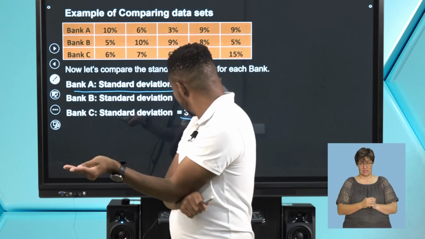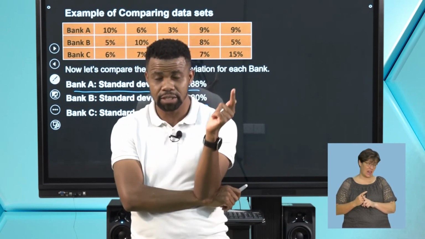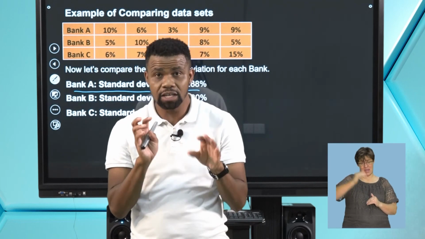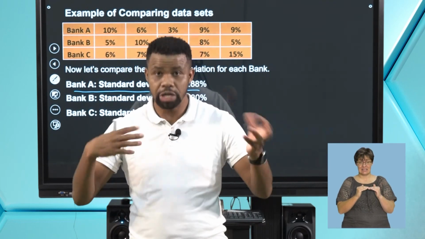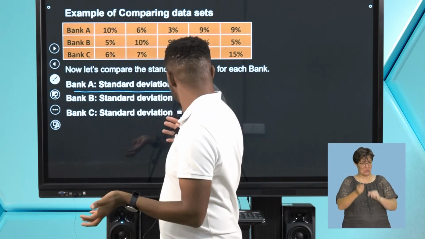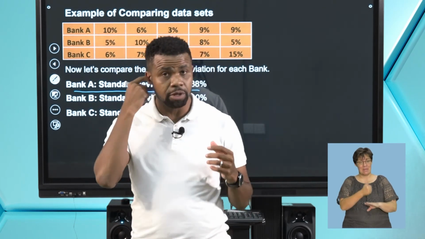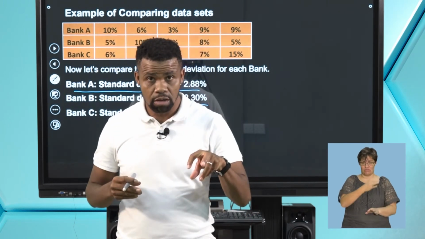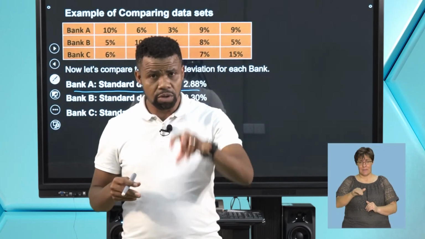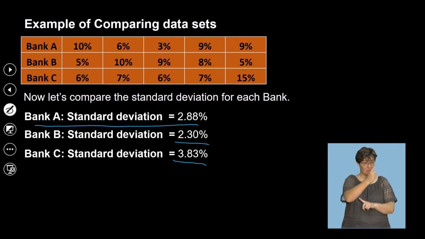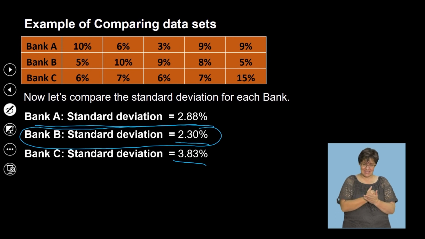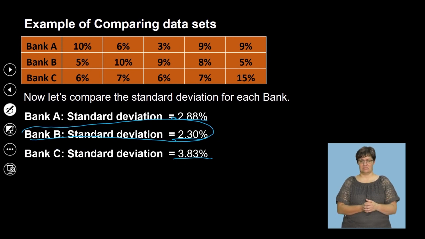Bank C has the highest standard deviation. Remember, highest standard deviation means risk. So the hedge fund manager wants to avoid risk, so the bank with the lowest standard deviation is B. You'll have to go with B because you're trying to avoid risk.